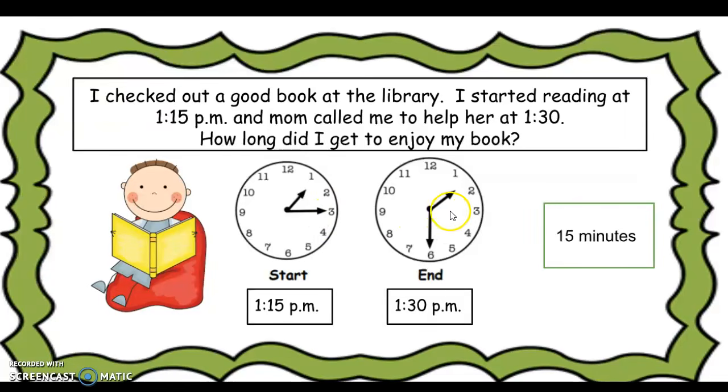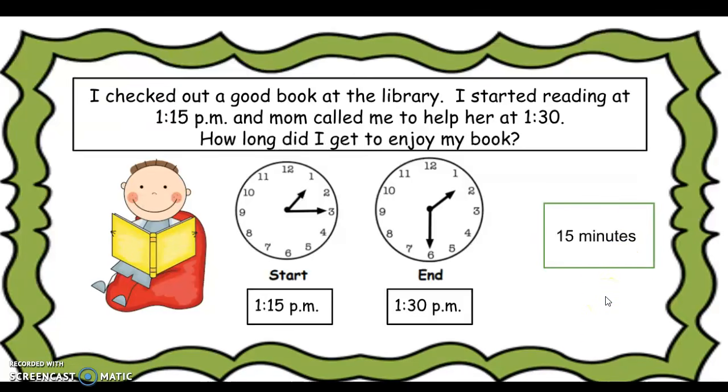Oh, I started on the 3, and now I've moved down to the 6. Since I'm counting by minutes, I'm going to use my count by 5 rule. And I'm going to start on the 3, because that's when I started. And I'm going to go 5, 10, 15. Oh, no hours have passed, but 15 minutes passed. That means I got to read my book for 15 minutes.